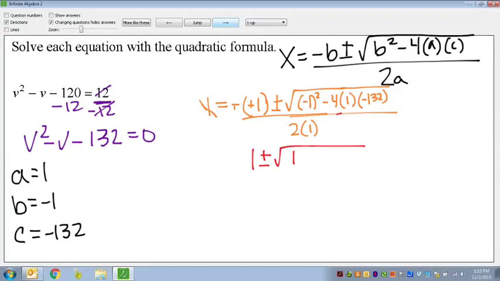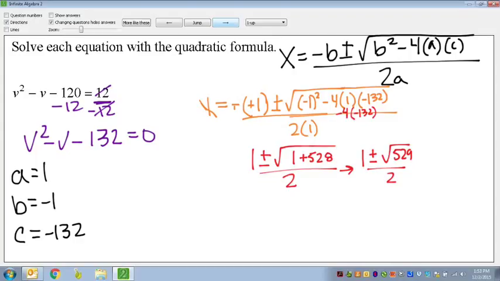Negative 4 times 1 is negative 4. Negative 4 times negative 132. Wow, that's going to be big. It's going to be positive something. 8, 12, carry the 1, 528. Yeah, that's right. 528. Okay. So 528 all over 2. And then we have 1 plus or minus the square root of 529 all over 2.